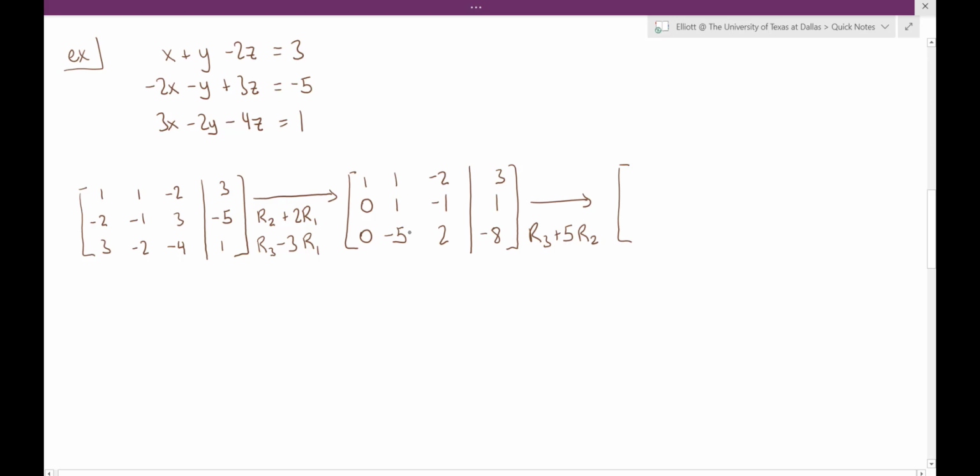If I did that, so first we get 0 plus 0. So this remains a 0. Negative 5 plus 5, 0. 2 minus 5, negative 3. Negative 8 plus 5, negative 3. Okay. And then we'll copy the remaining rows down.